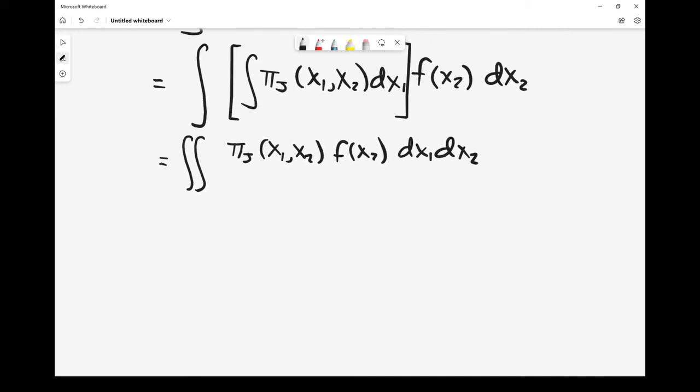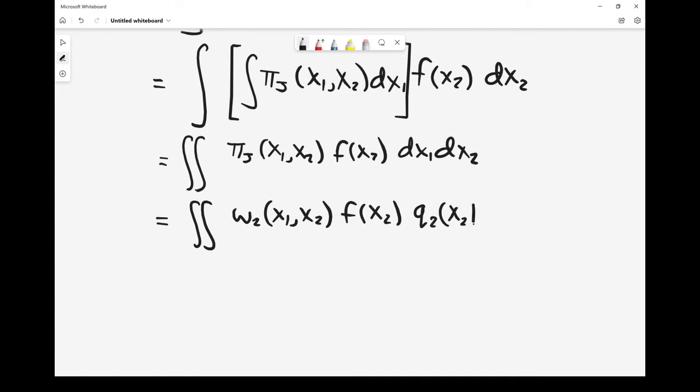Okay, so now we're going to follow an importance sampling procedure again, but now we're targeting this two-dimensional joint distribution. So we end up saying that this is equal to importance weights at iteration 2, which are a function of x1 and x2, multiplied by f of x2, and then our proposal, which, as we know, is samples at iteration 2 conditional on those at iteration 1, and our samples at iteration 1.